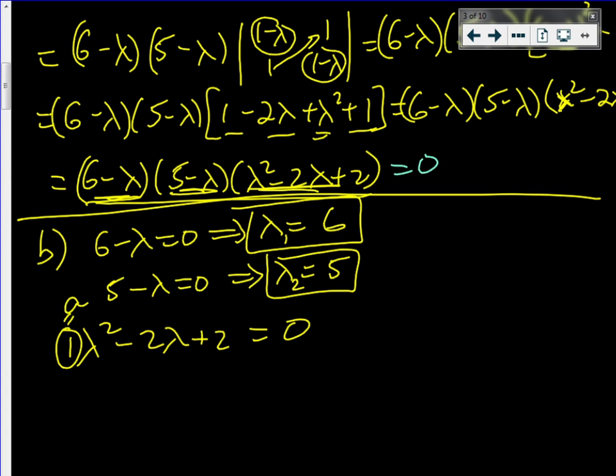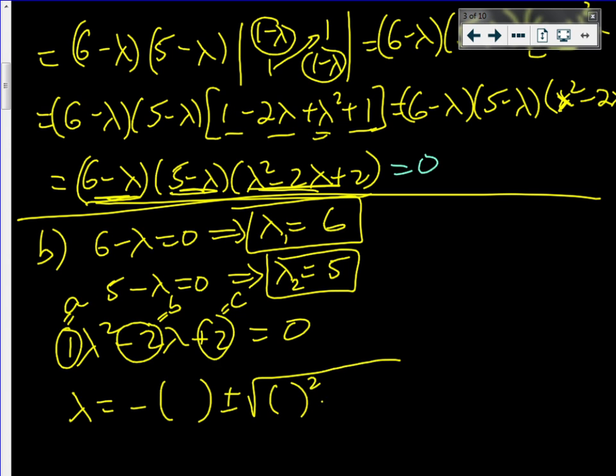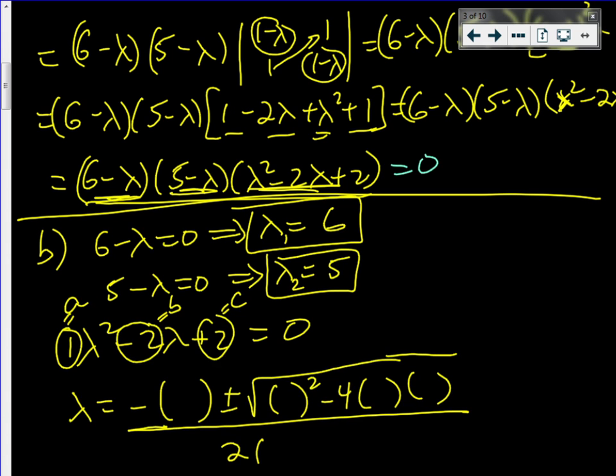When it comes to a quadratic equation, that's A, and that's B, and that's C. So lambda is equal to negative B plus or minus the square root of B squared minus 4 times A times C, all over 2 times A. Well, this is B, 4 times A is 1, and C is 2, divided by 2 times 1.